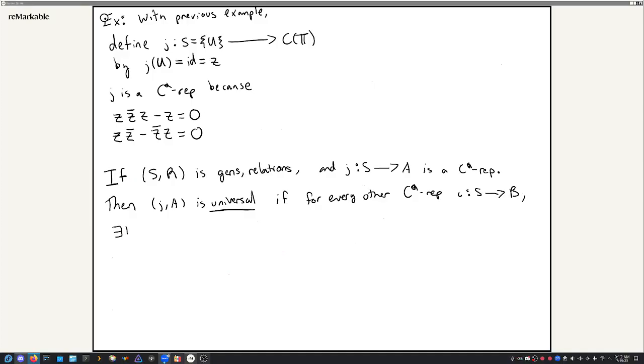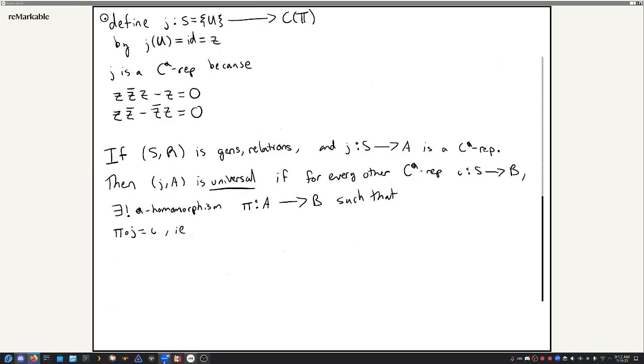there exists some unique star homomorphism, call it pi, from A into B, such that pi composed with J is equal to iota.